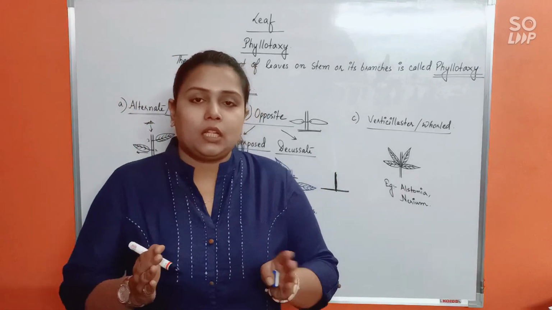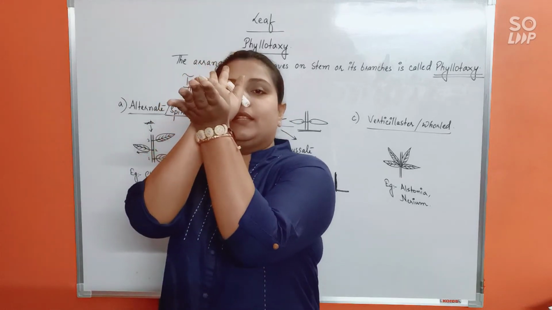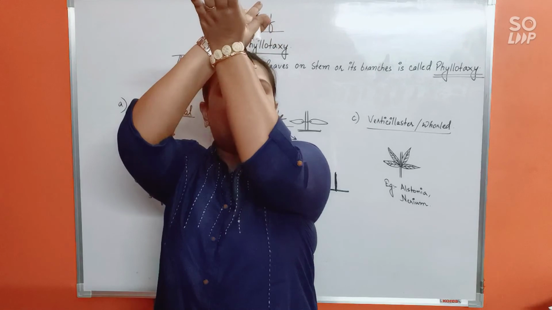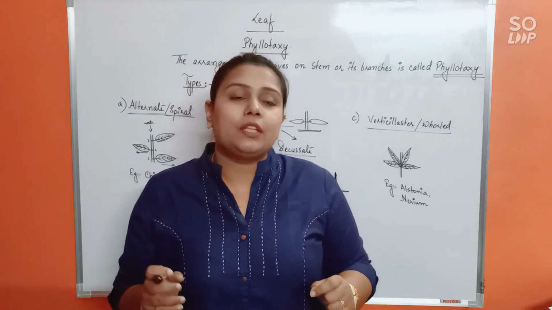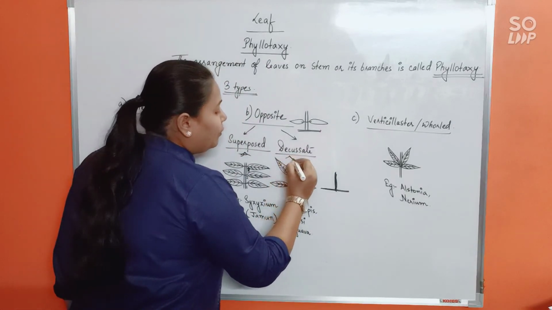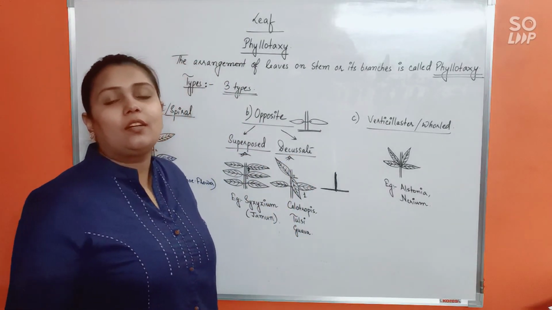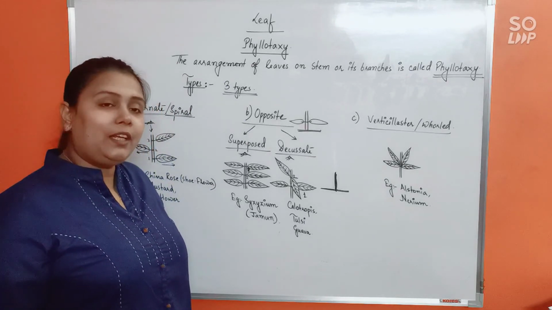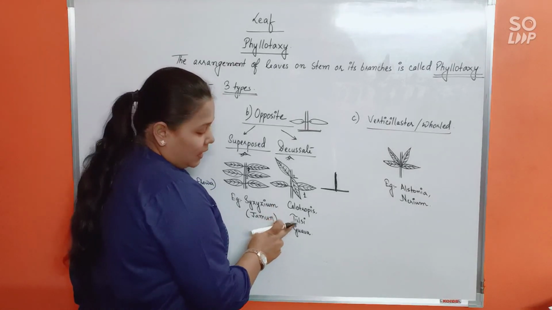If in node 1 the leaves are like this, so in node 2 the leaves will be like this. Again node 3 it will be like this, node 4 it will be like this. So likewise they will be perpendicular to one another. So in that case, from the top view of the plant, you will see not two rows, rather four rows of leaves. Alright, examples will be Calotropis, Tulsi and Guava.